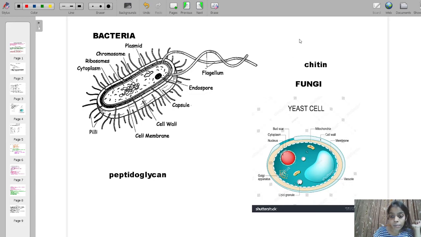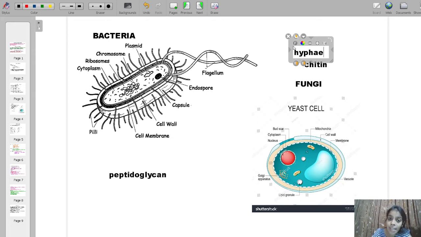Hypha is the singular form and hyphae will be plural. So chitin is the composition of the cell wall.